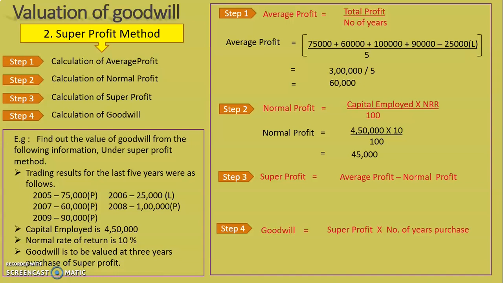Your actual average profit which the firm is earning is 60,000, and the normal profit which is expected is 45,000. So here there is an extra profit of 15,000, which is termed as super profit. So goodwill will be valued at 15,000 multiplied by 3 years purchase, that comes to 45,000.